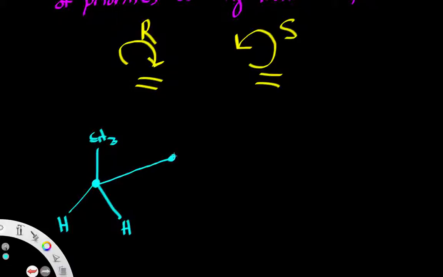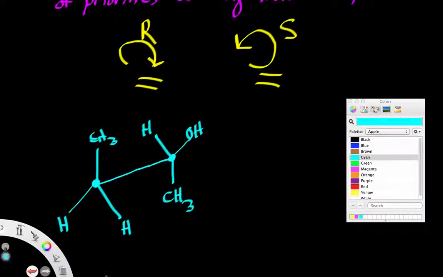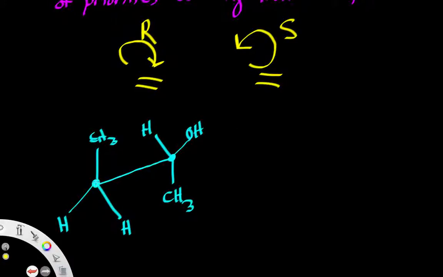And over here we can just add an alcohol, hydrogen, and methyl. So right away, if we were to try to assign priorities to this carbon, we would immediately see that we have 2 of the same groups attached. So with 2 of the same groups attached, we are not going to be able to assign priorities, and we will not be able to configure an RS configuration.